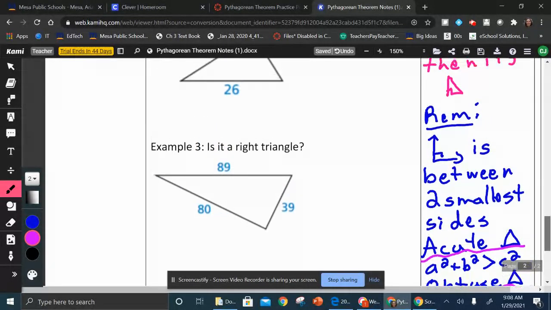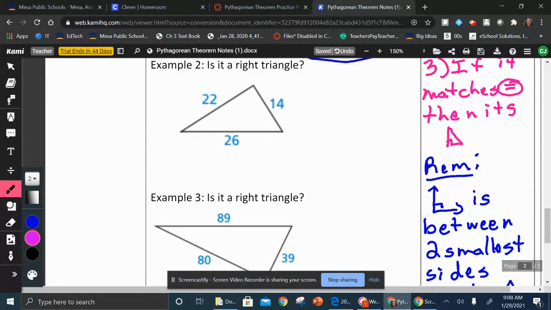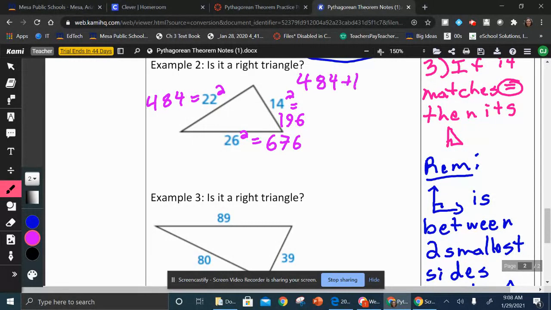Okay, so let's do the same thing for this, everybody. We're going to square them. 22 squared is 484. 14 squared is 196. 26 squared is 676. We're going to add the two smallest sides together. So 484 plus 196. Is that equal to 676?